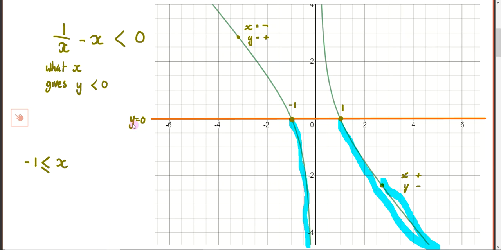And smaller than 0, okay. Semicolon, x must also be greater than 1. That's it. Okay, good. All right.